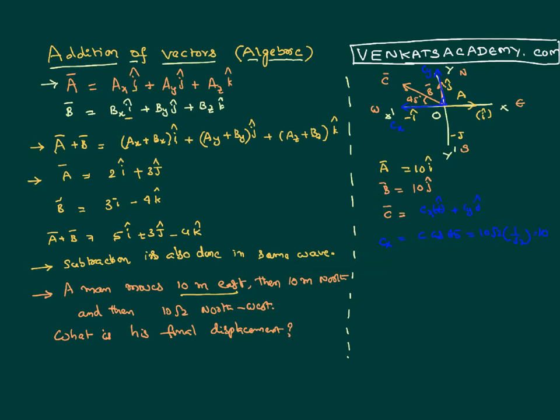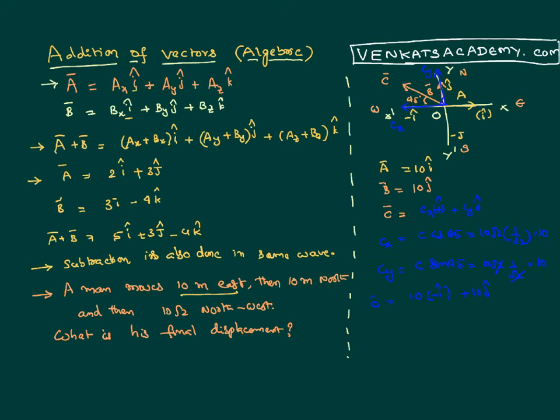That's nothing but 10. And Cy is along the y direction, therefore it is the sine component. C sin 45 is also 10 root 2 times 1 by root 2, so its value is 10. So I can write C bar as 10, that is Cx, but minus i cap because it's along the negative x-axis, and plus 10 j cap because it's along the positive y-axis.